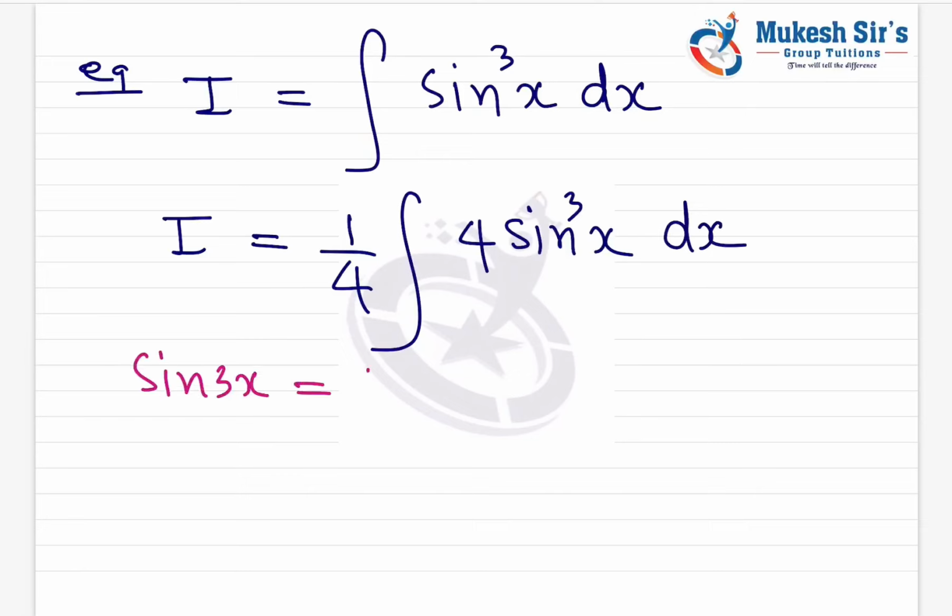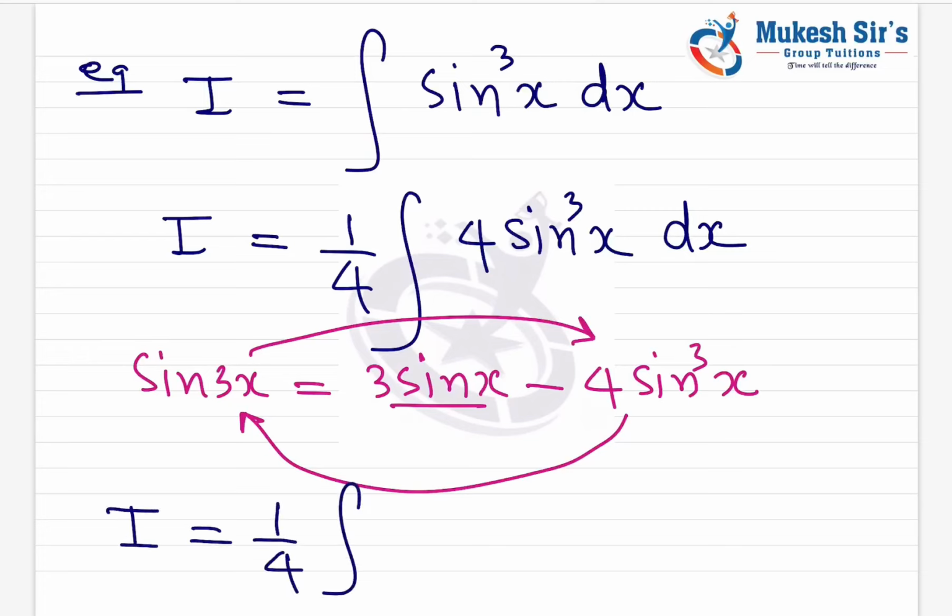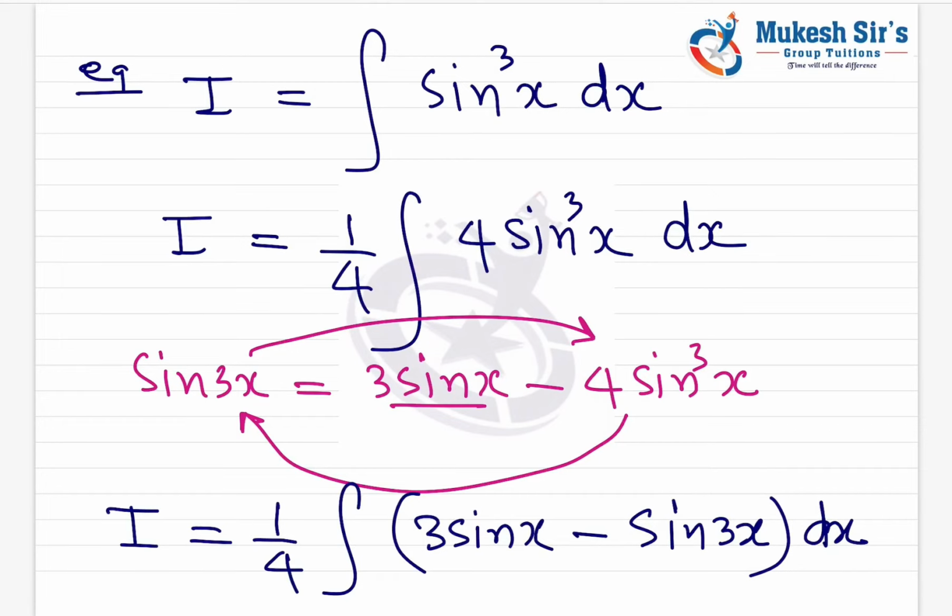Sin 3x formula is 3 sin x minus 4 sin cube x, right? So then 4 sin cube x will be equal to how much? 3 sin x minus sin 3x. So you can put that value here. This becomes 1 by 4 integration of 3 sin x minus sin 3x, the whole dx. Right? Now it's integrable.